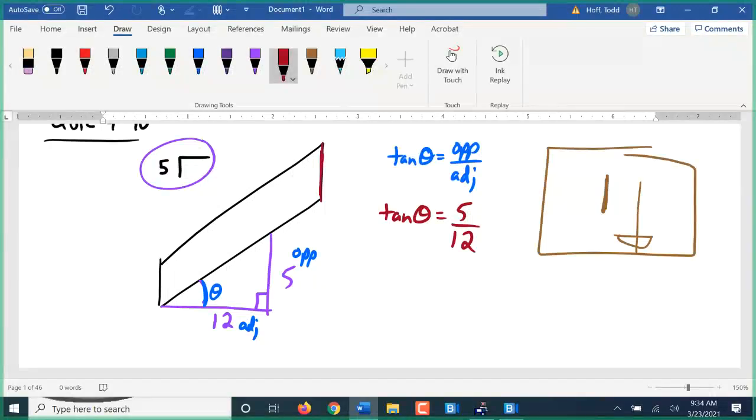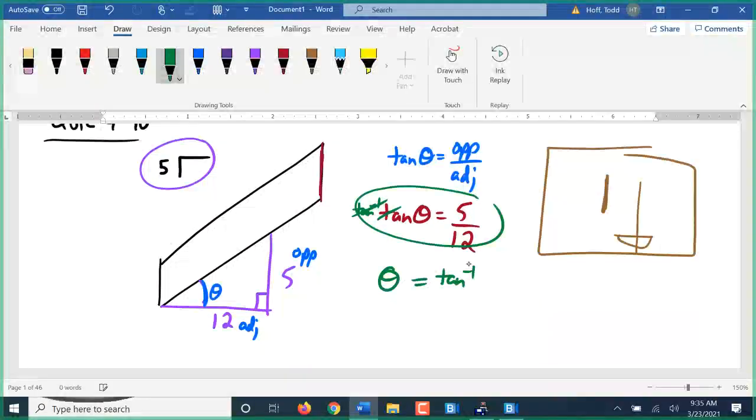Whenever we are looking for a missing angle, we solve it by using the inverse trig function. If I do an inverse tangent, it's going to cancel out the tangent and leave me with just the angle. Theta equals the inverse tangent of 5 divided by 12.